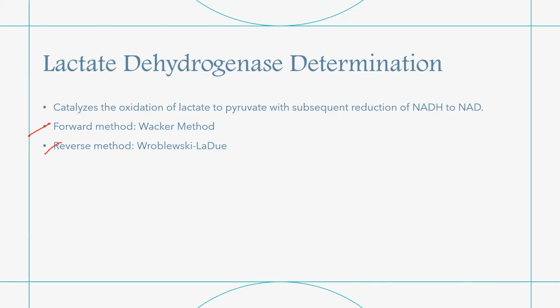So what is with the Wacker method? The Wacker method is a forward method for the quantification of lactate dehydrogenase activity that utilizes the oxidation of lactate to pyruvate with the formation of NADH from NAD. The forward method is read spectrophotometrically at 340 nanometers, which allows a kinetic assay to be performed.